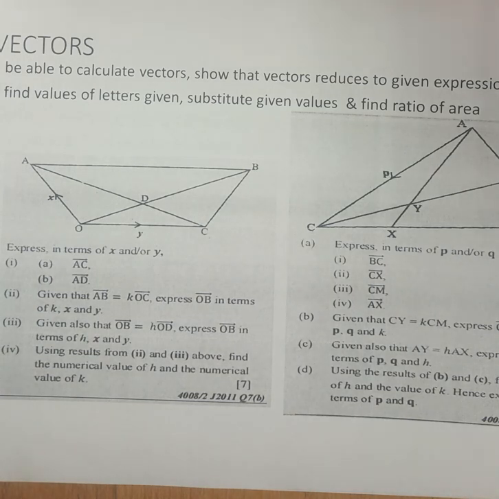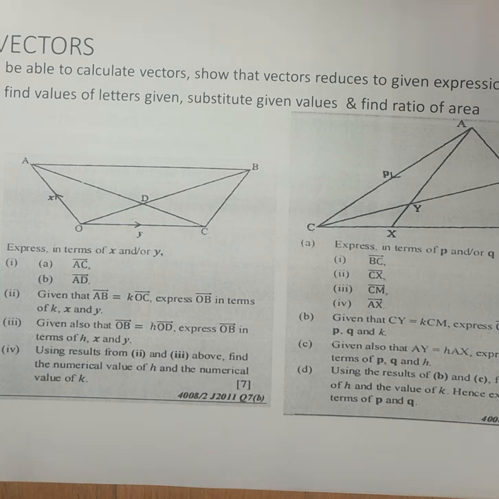You are going to see a question on vectors in your Maths paper 2, section B. You need to be able to calculate the vectors, show that the vectors reduce to given expressions, find the values of letters given and substitute given values, and find ratio of area. That is how vectors are examined.